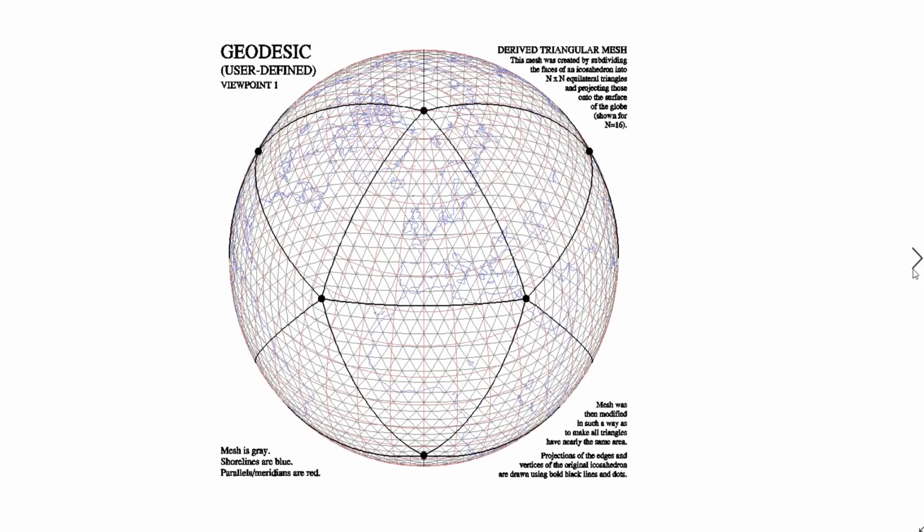Here, for example, is the geodesic viewpoint of the Earth. So this is derived triangular mesh. This mesh was created by subdividing the faces of an icosahedron into n(xn) equilateral triangles and projecting those onto the surface of the globe. So mesh overlay, put on top of a map and then projected as a sphere.